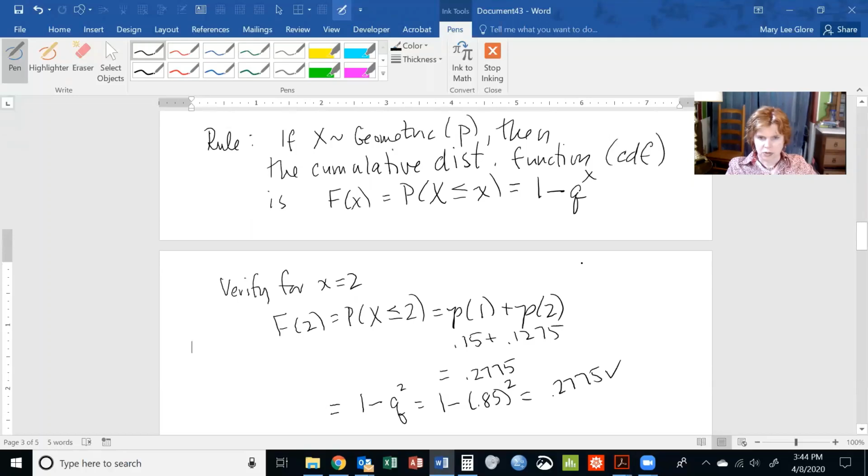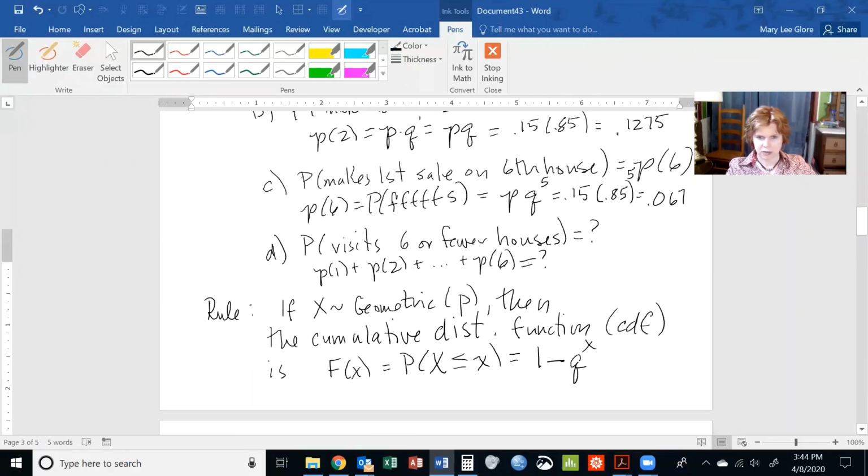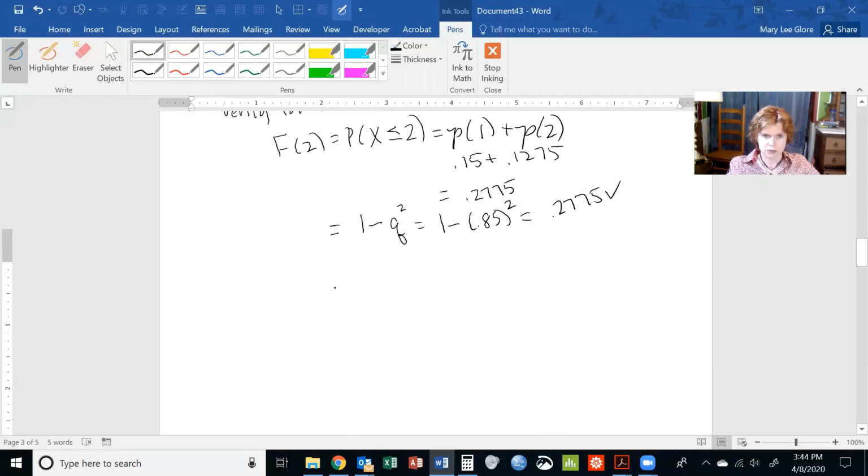All right. So the question we had asked, that I said I didn't want to add up all those 6 things for, is the probability that he visits 6 or fewer houses. So the probability that the number of houses he visits is less than or equal to 6 is the same as F of 6, which is 1 minus q to the 6.